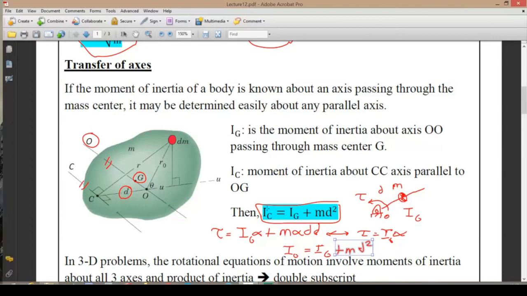As a result, the new mass moment of inertia that you calculate at a different axis, let's say this axis, will still be more than the mass moment of inertia calculated about the mass center. It's an important issue that you might use in your engineering calculations as well.